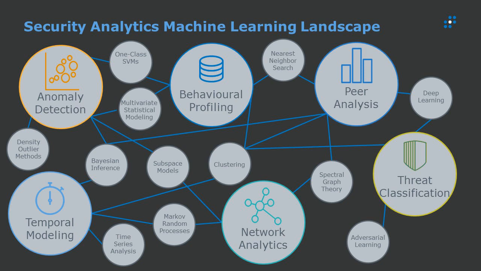But having the right data to put into these algorithms is just as important as choosing the right algorithm or the right statistical approach. And these machine learning approaches enable the machine to analyze the data from many different angles and in many different ways, in order to surface subtle changes, for example, in user behavior, perhaps comparing an individual to their own historic behavior, or perhaps comparing them to their peers.